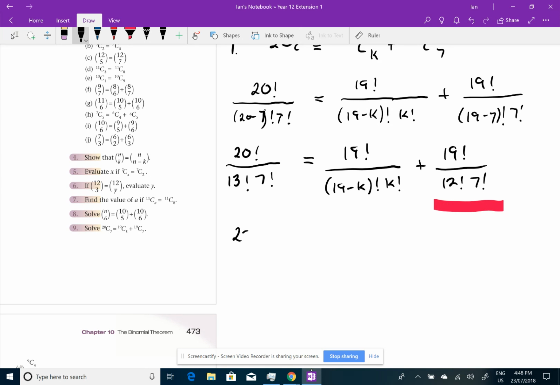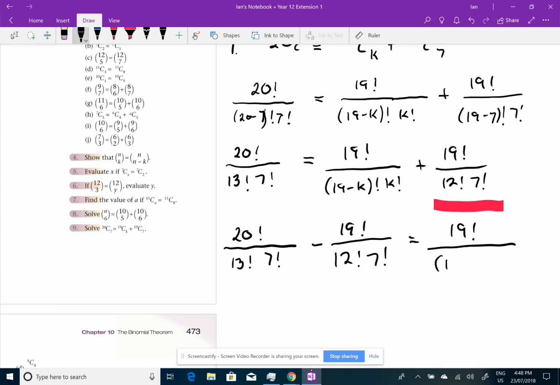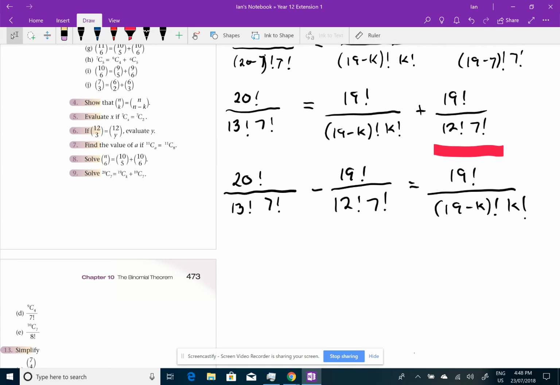So I get 20 factorial over 13 factorial, 7 factorial, minus 19 factorial over 12 factorial, 7 factorial equals 19 factorial over 19 minus k factorial, k factorial. Now I know you can play with your calculator and work this out, but the object is not to do that. The object is to play with the factorials and see if you can get it.